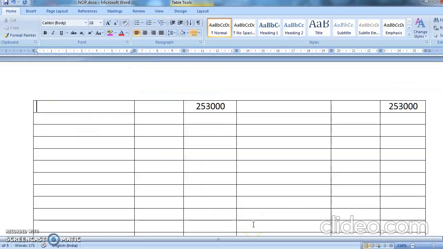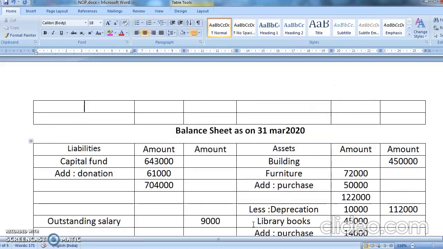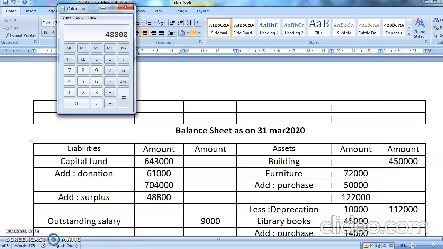This surplus comes in your capital account. So we'll write here add surplus. Yes, surplus is 48,800. So you're going to add both the figures. So add 7,04,000.